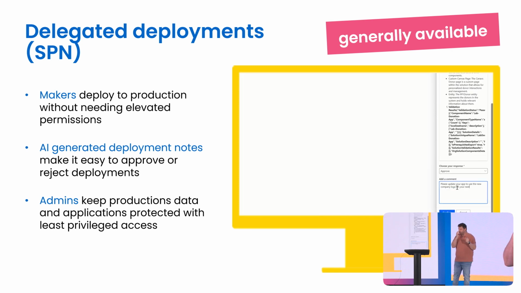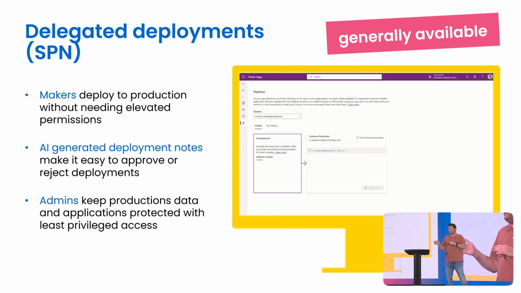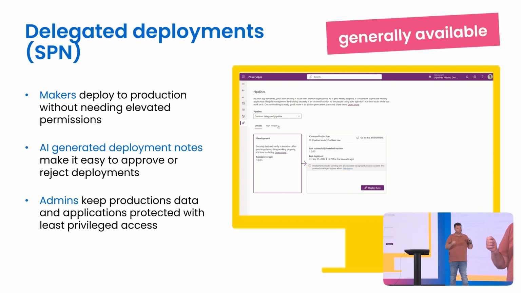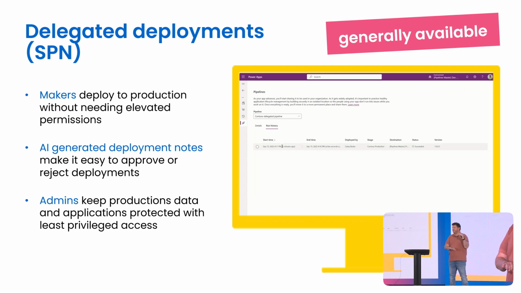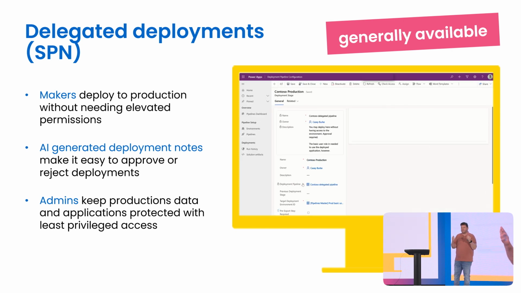It also has a really cool feature, and that's the AI feature that we have, and that's deployment notes. So normally everybody hates writing the notes on what is in the solution, what is in the update. It's always a bit of a hideous task.